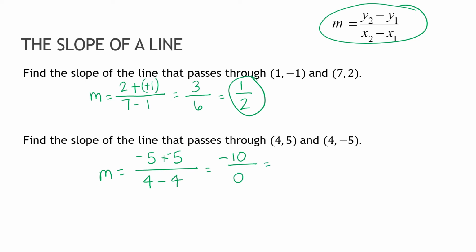And we know that we cannot have a fraction that's divided by 0 because that's an undefined. And so we know that this would also be an undefined slope. Remember, undefined slope was that one that went straight up and down, the vertical line. And you could certainly plot those points and see that those would both be in the same vertical line.